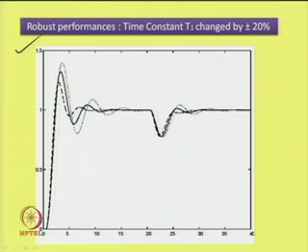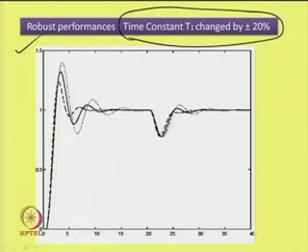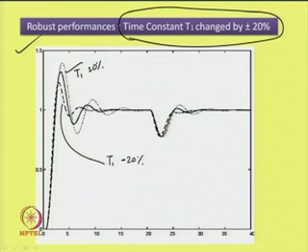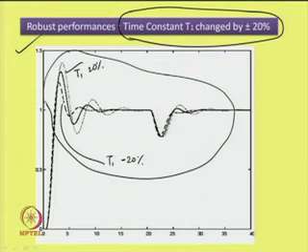When the time constant T1 is changed by plus minus 20% also, the responses do not vary by very much. This is what we get when the time constant is changing by 20%, and this is the response we get when the time constant is changing by minus 20%. So, the responses show us that we have got robust performances given by the PIPD controllers.